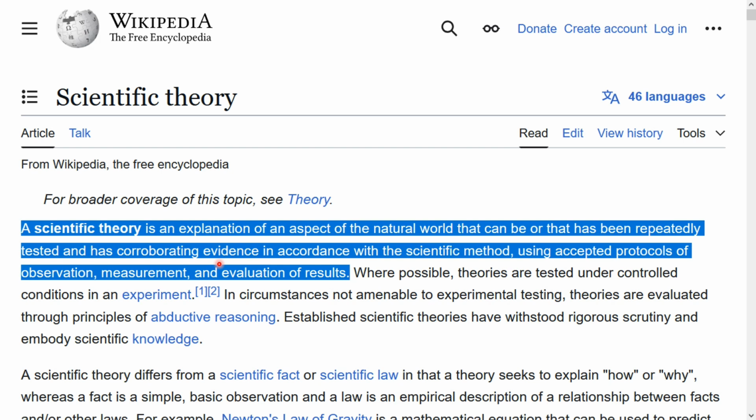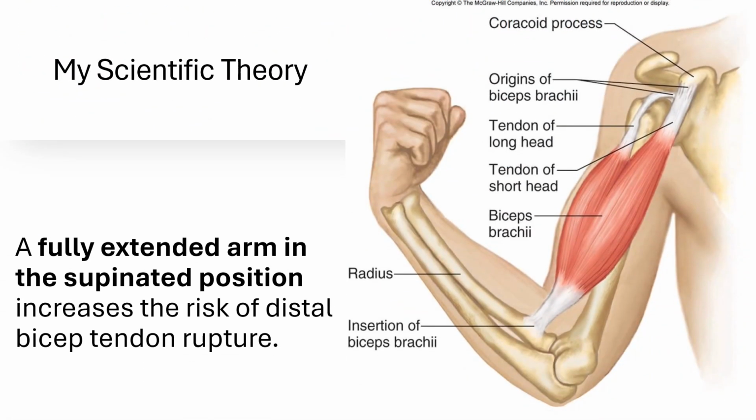Now we know what a scientific theory is, and I will now present to you my scientific theory, which is: a fully extended arm in the supinated position increases the risk of distal bicep tendon rupture. Here we have the distal bicep tendon.